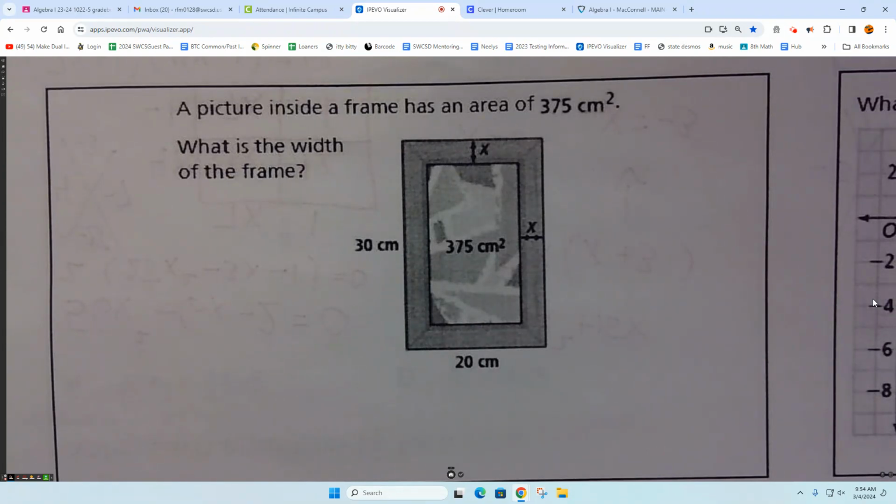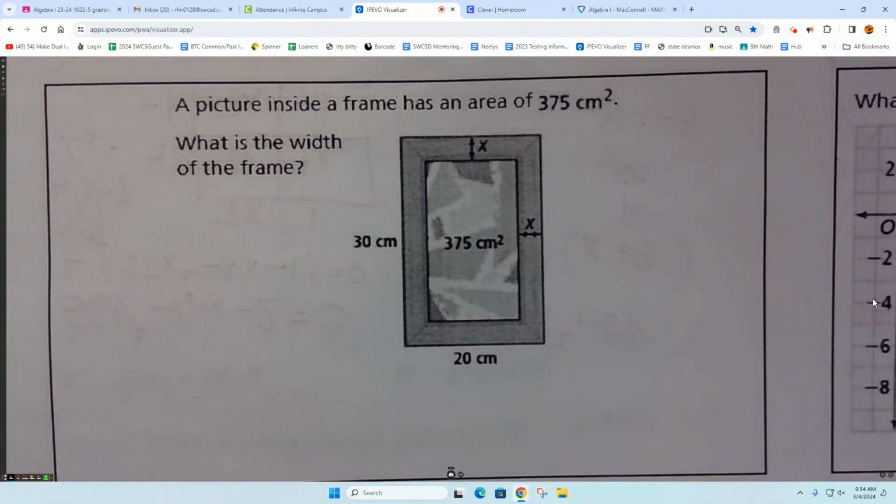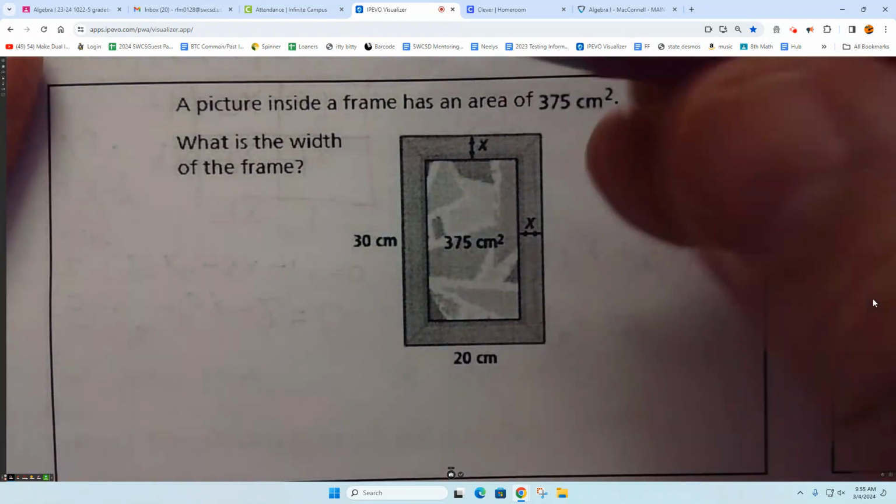Well, what I'm getting at is when they tell me a picture inside of a frame has an area of 375, is it including the frame? It's just the picture inside the frame, not the frame. That's what we decided? Okay, that confuses my brain.